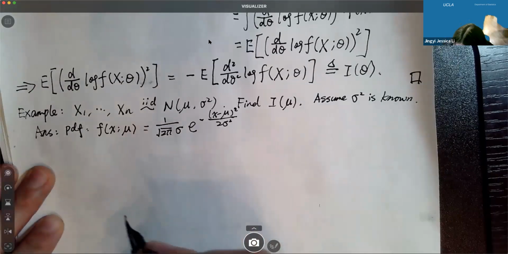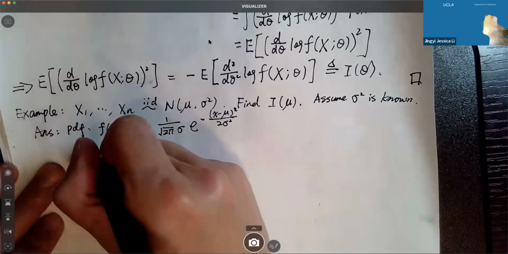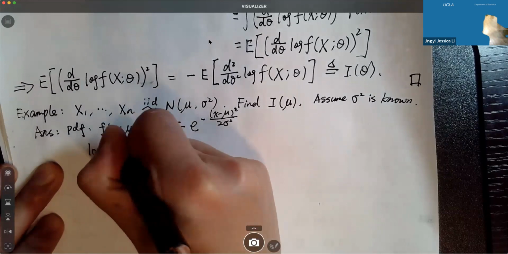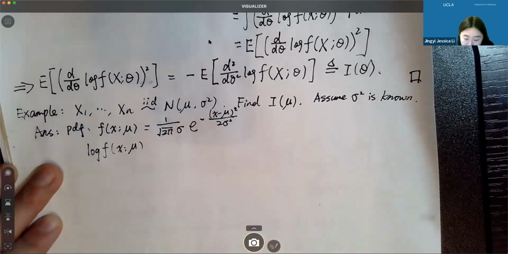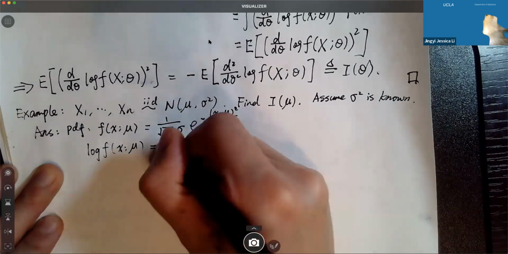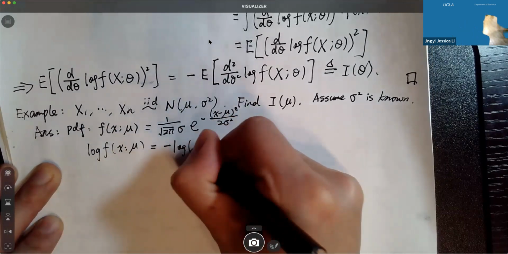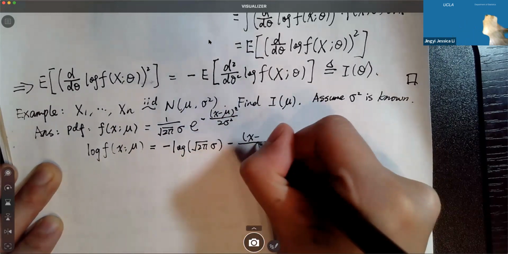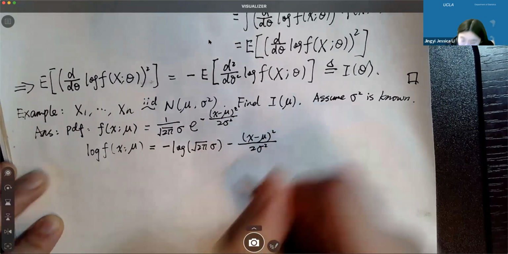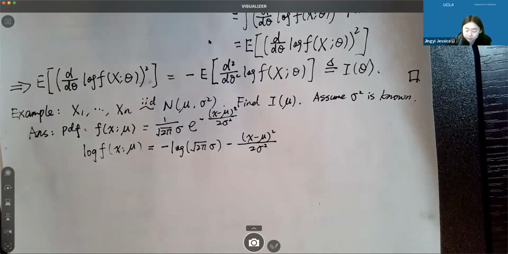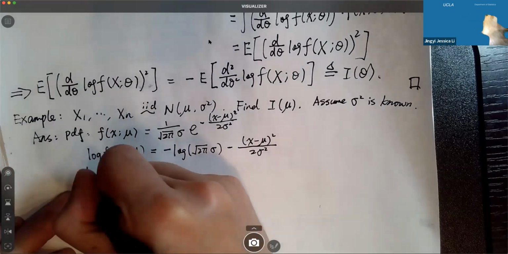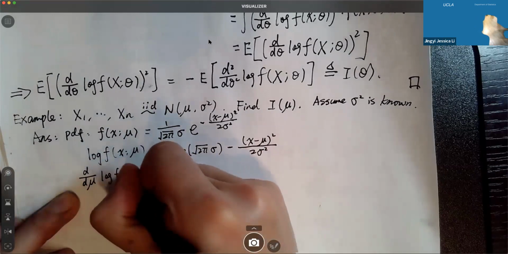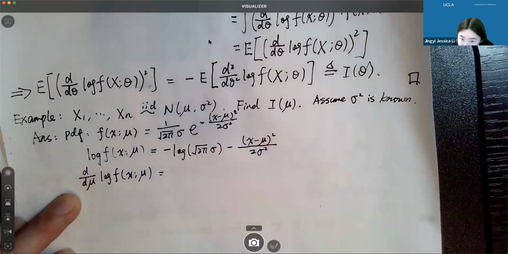Now for the Fisher information calculation, we need the log density. It will be negative log of root 2 pi sigma minus (x minus mu) squared over 2 sigma squared. That's the log density. Now we take the derivative with respect to mu.